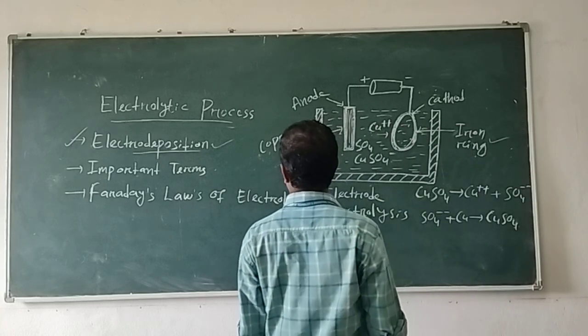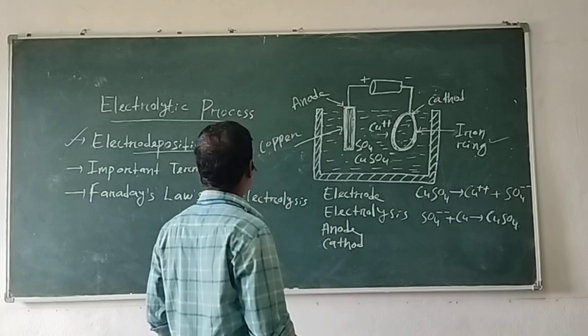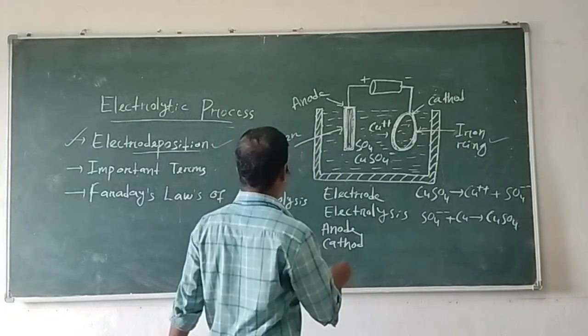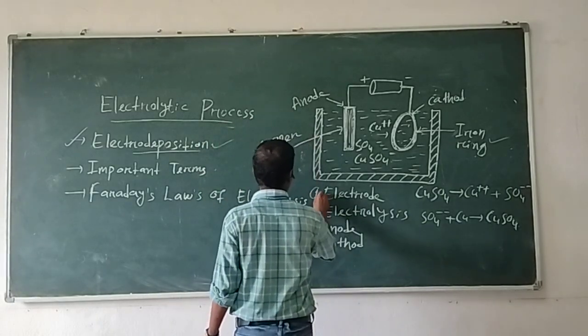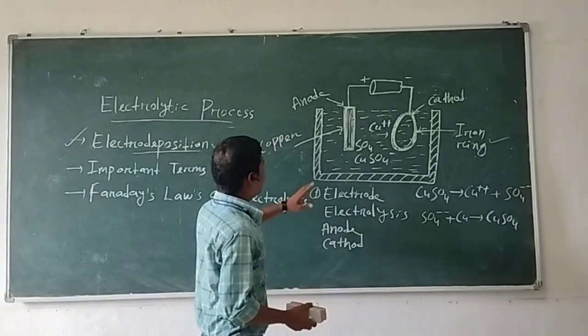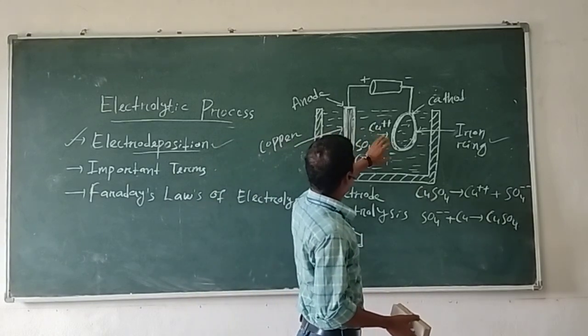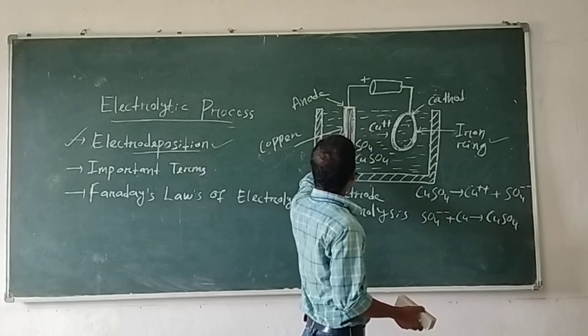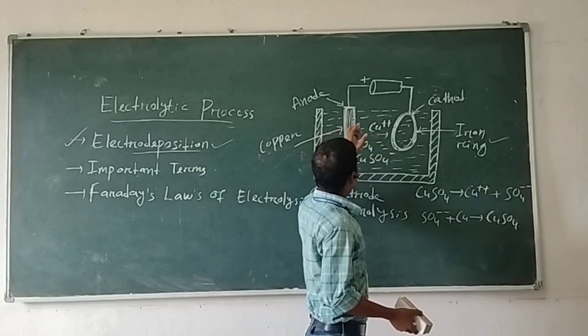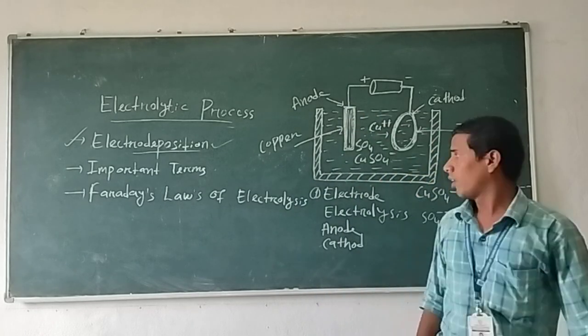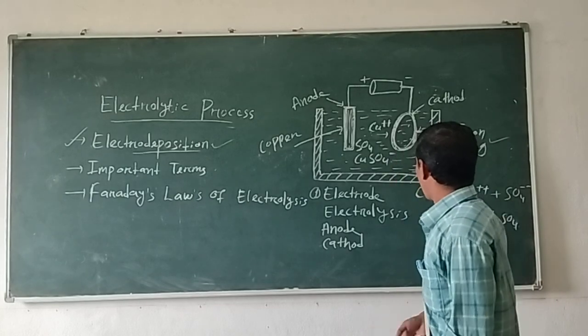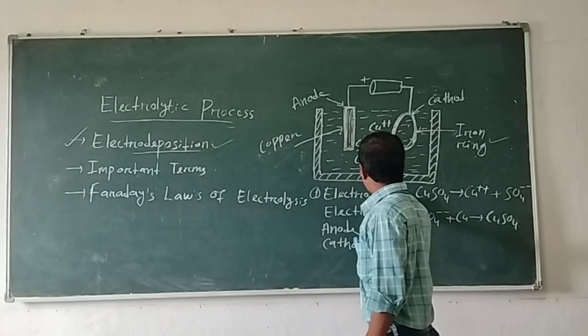The important terms associated with this process are, first, electrode. The metal rods or plates that are connected to the supply are called electrodes.